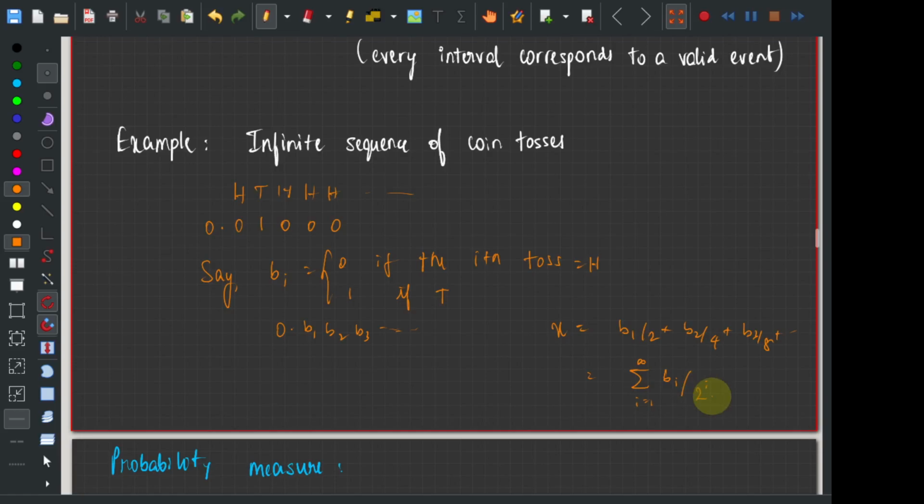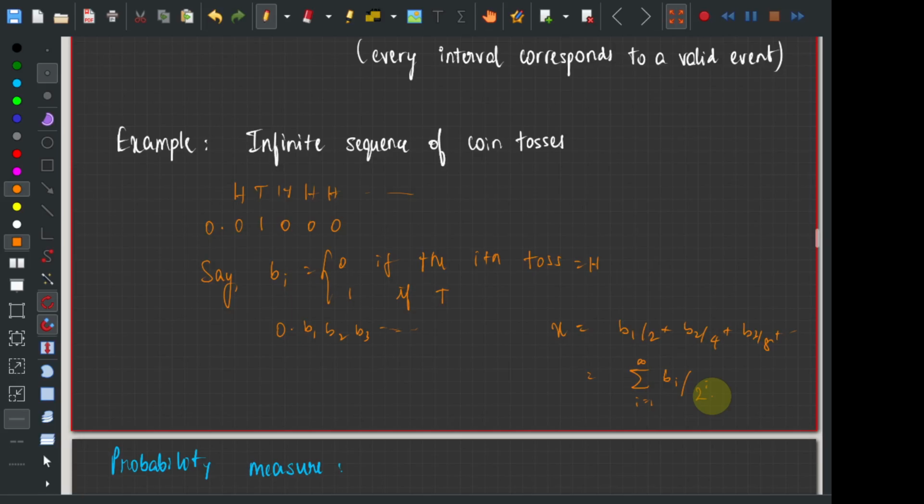And is it true that every interval corresponds to a valid event? So for example, let's take the interval from 0 to a half. What event does that correspond to? Okay.